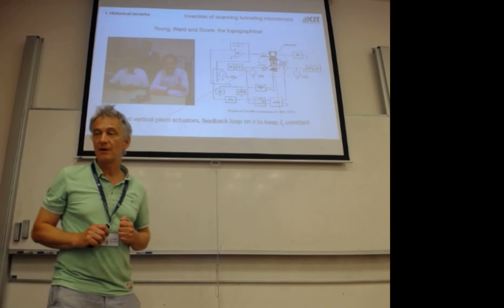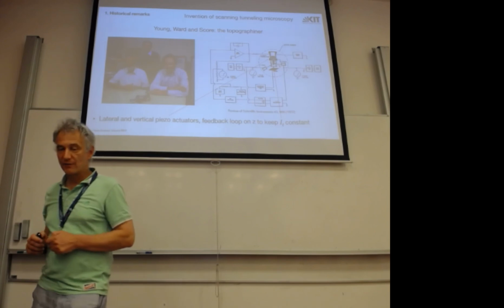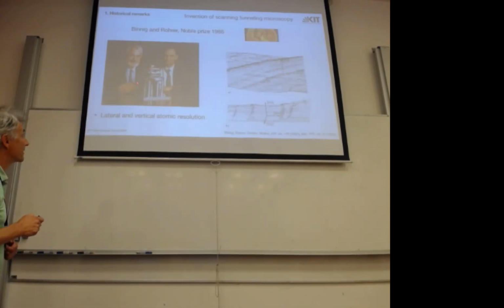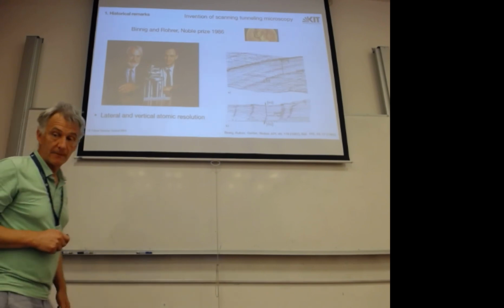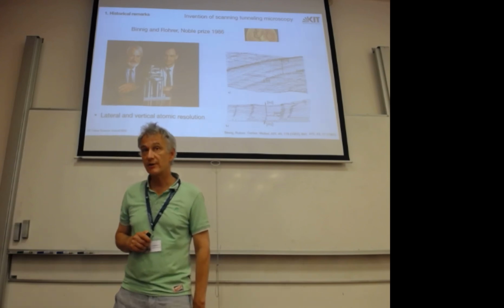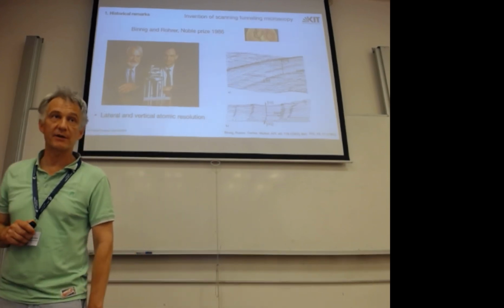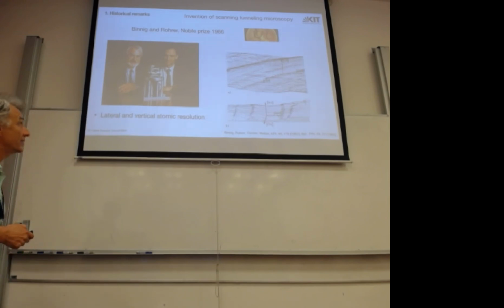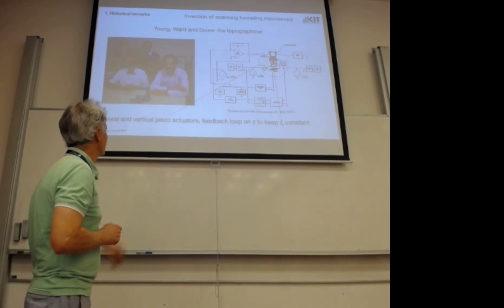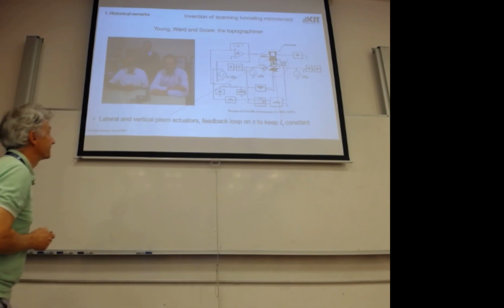The main point of the IBM group was a damping system that took away the vibrations. So you have to go down to picometer vibration isolation, which is not an easy task. So this was the key to actually get atomic resolution. But in principle, everything was already in.